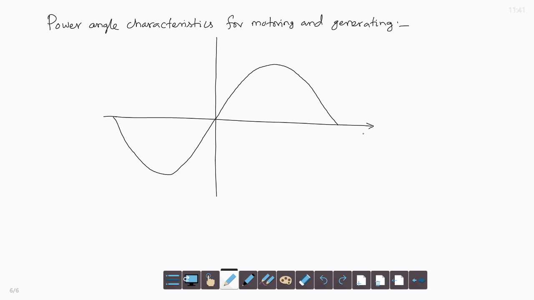So, delta, load angle or power angle or torque angle, versus power Pm.